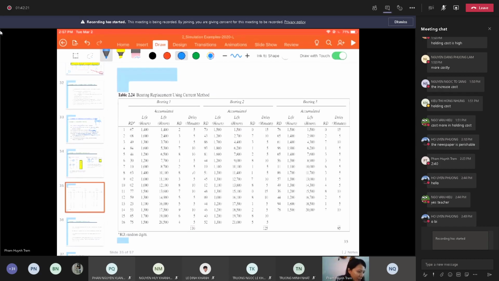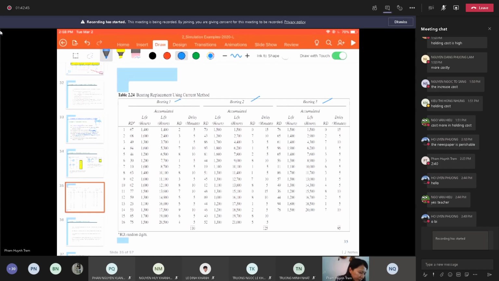So this table gives us the bearing replacement simulation for the current method. We have to monitor all 3 bearings at the same time. Now, we have bearing 1, bearing 2, and bearing 3.